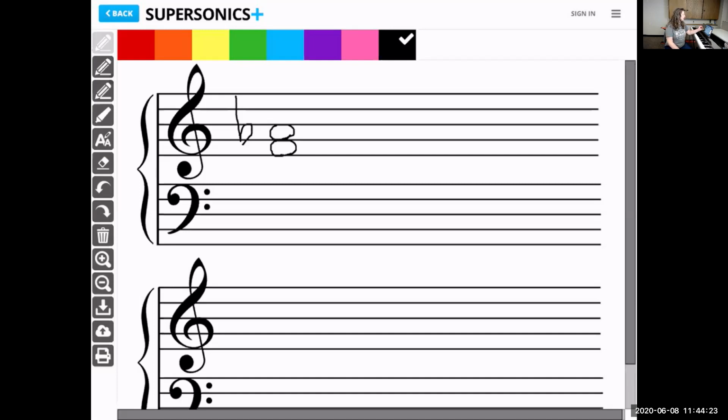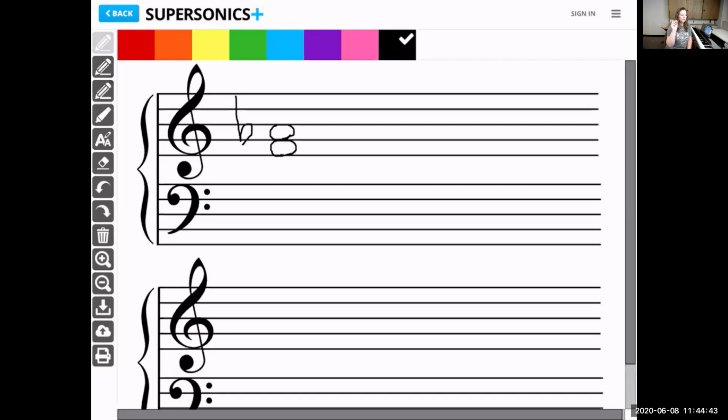Now, we have to determine the quality of the interval, and the quality has to do with major, minor, or perfect. So one of the things that you can do if you want to is go through each of these problems, each of these examples, and actually just do the numbers.